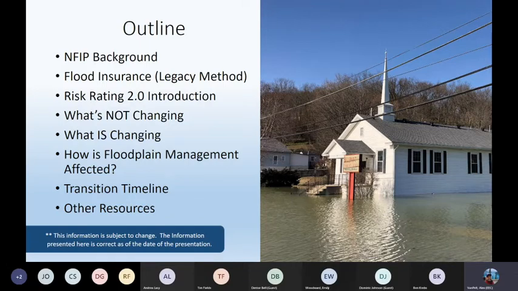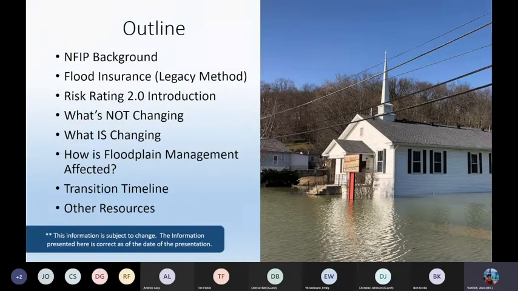We're going to do a quick introduction of what Risk Rating 2.0 is, why FEMA has decided to do this, and what this new rating method is hoping to accomplish. We're going to talk about what's not changing. There are several parts of the floodplain management program that are not changing, so we're going to go through those.